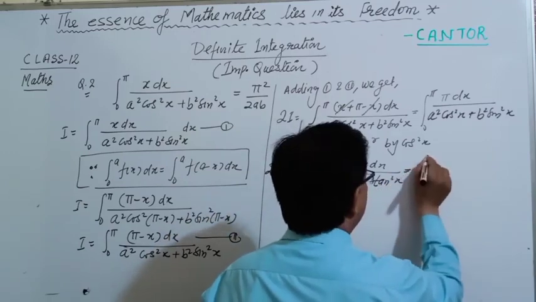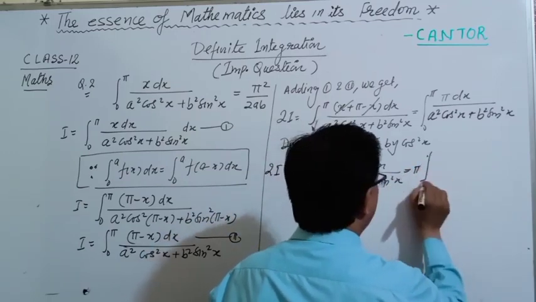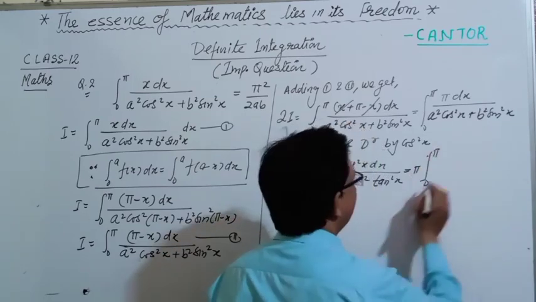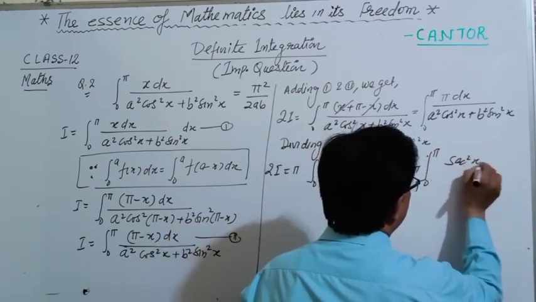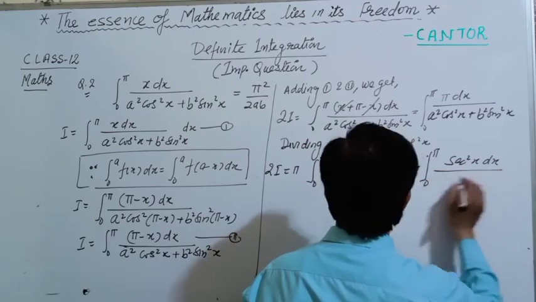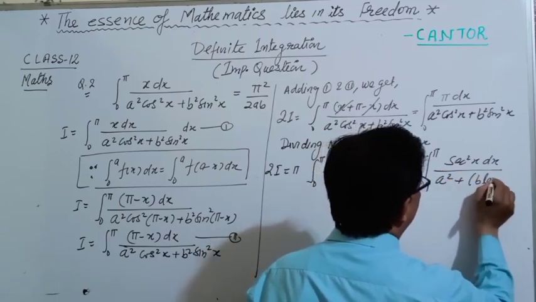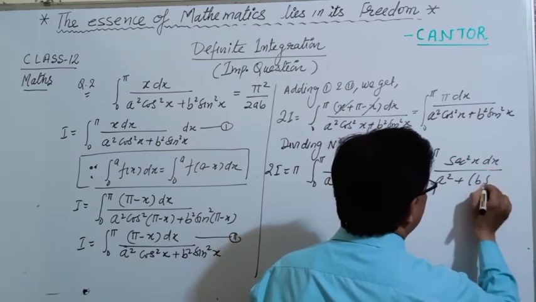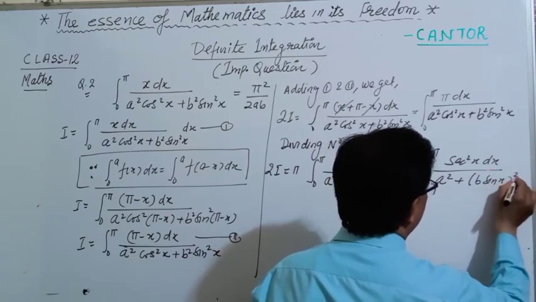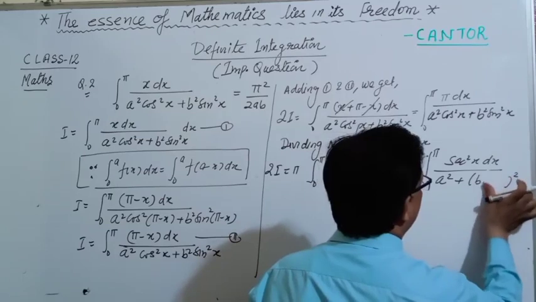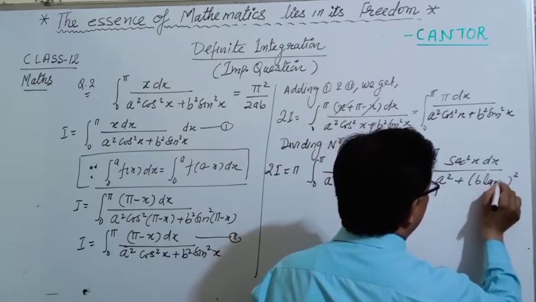So this is pi times the integral from 0 to pi of sec square x dx upon a square plus b tan x whole square.